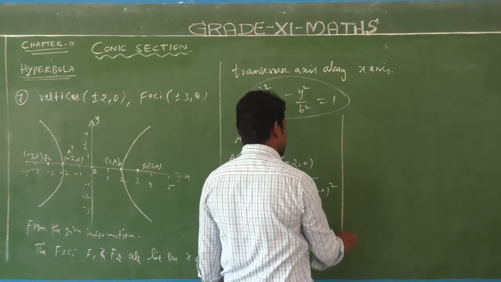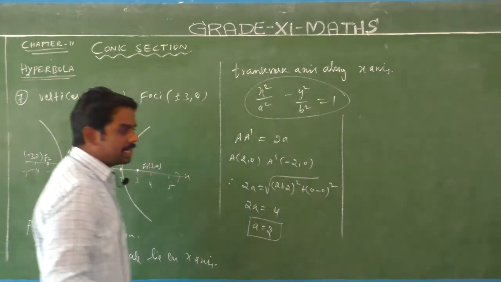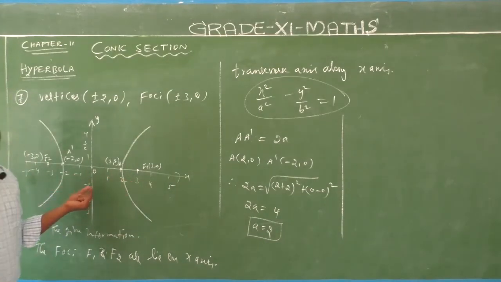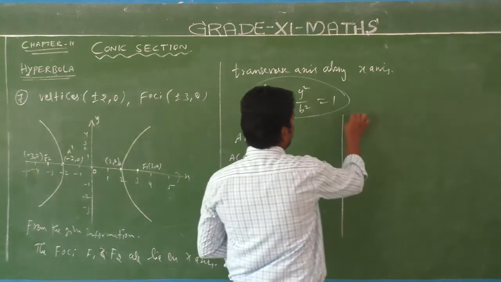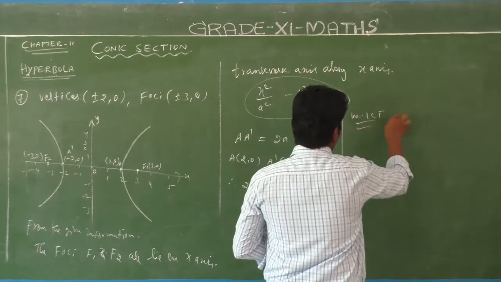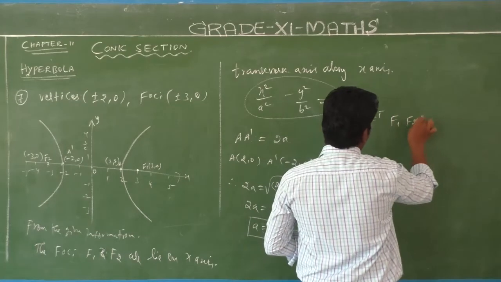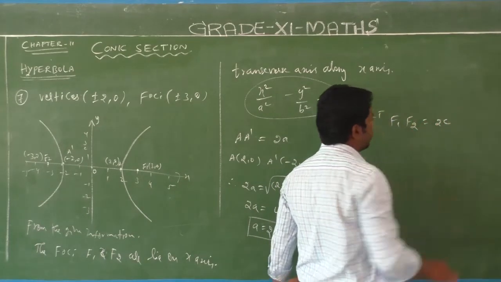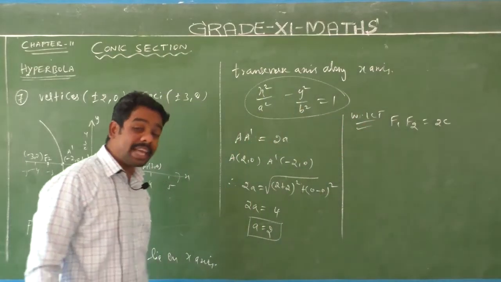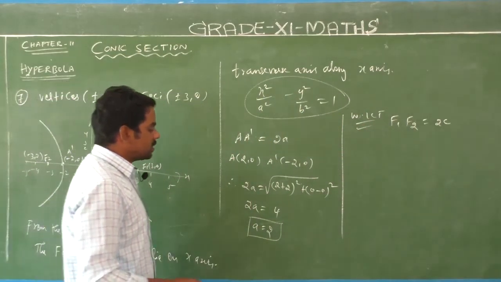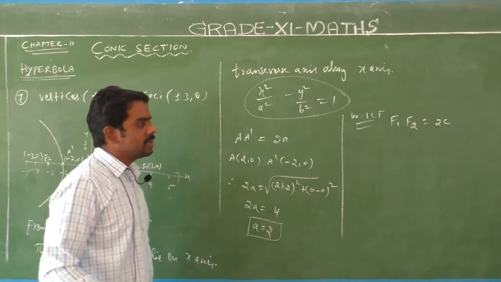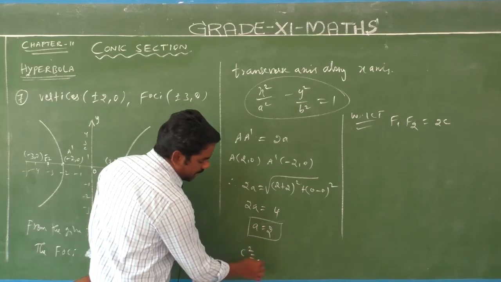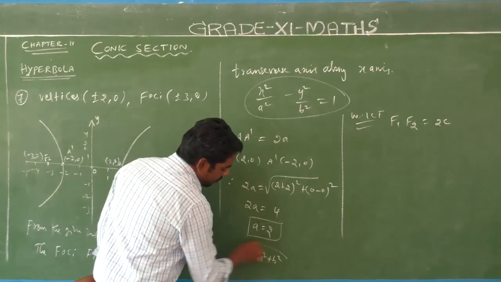Right, next. Another piece of information: the distance between the foci F1 and F2. We know F1F2 is equal to 2c, and c squared is equal to a squared plus b squared.